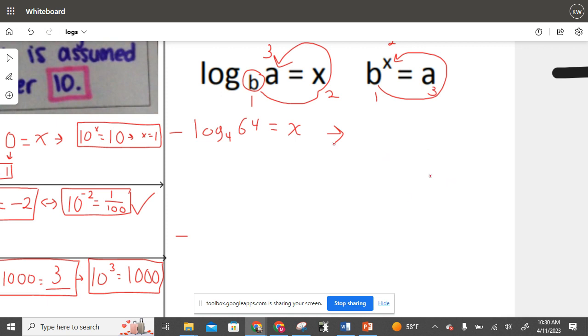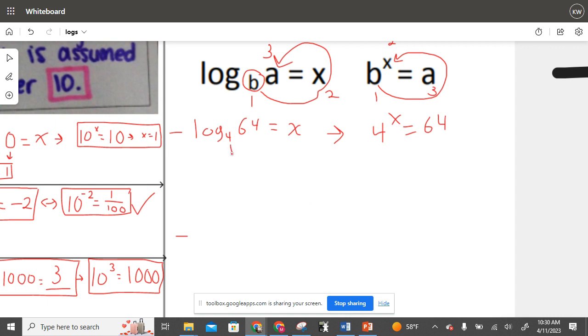So, what's our base here? All right, 4 is our base. What's our power? Yeah, x. And what does it equal? 64. Just recognize how to transfer back and forth through that thing. It's easy peasy lemon squeezy.